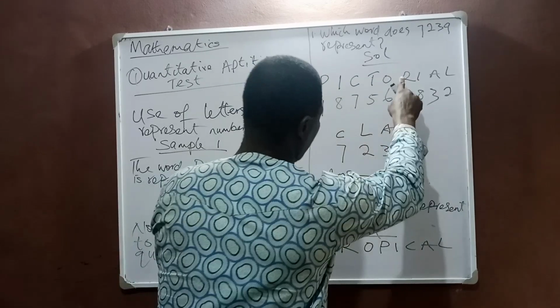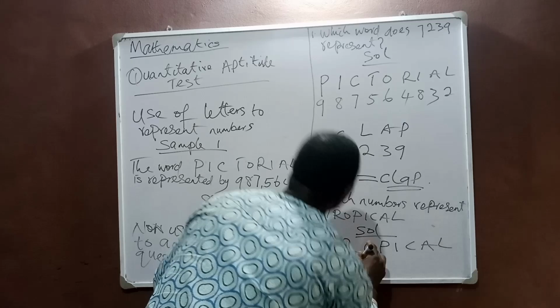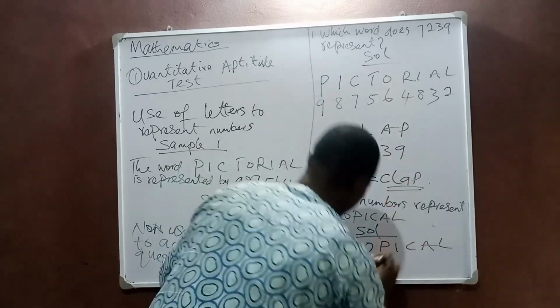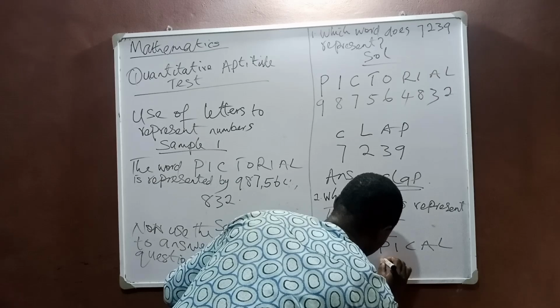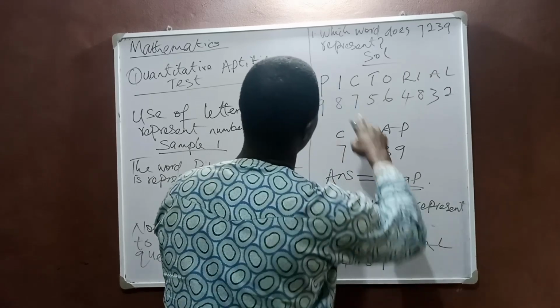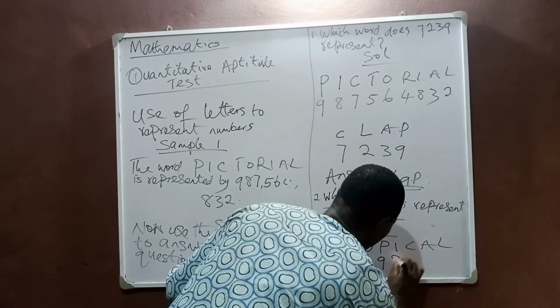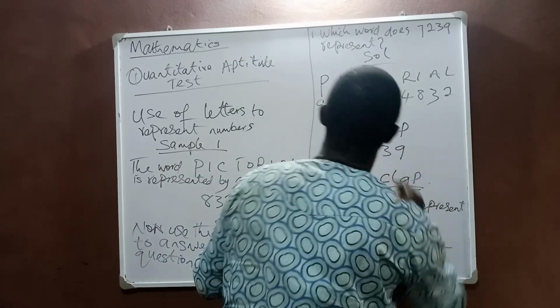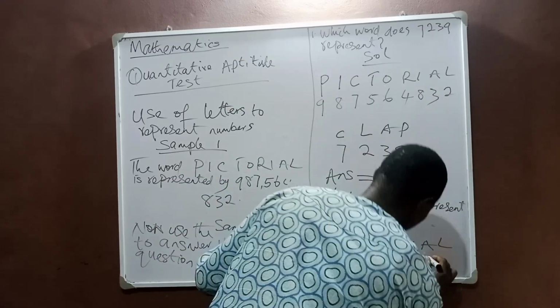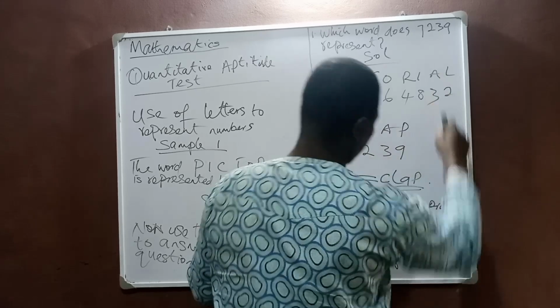This R, what does it represent? 4. O, what does it stand for? 6. And P stands for 9. I stands for 8. And C stands for 7. A stands for 3. And L stands for 2.